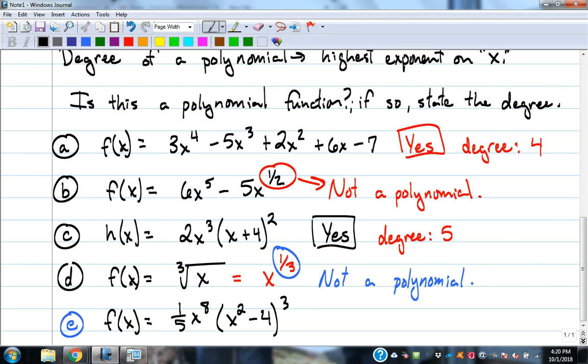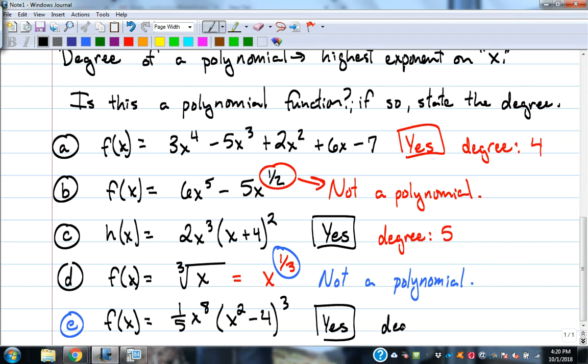So we look for the red flags as far as not being a polynomial. We don't see any fractions as exponents. The 1/5 in the front, it's a fraction, but it's a coefficient. It's not an exponent. So that makes it okay. It's legal to have it there. So I don't see any fractions happening here. And definitely no division happening with variables. They're all multiplying together. So this one is a polynomial.